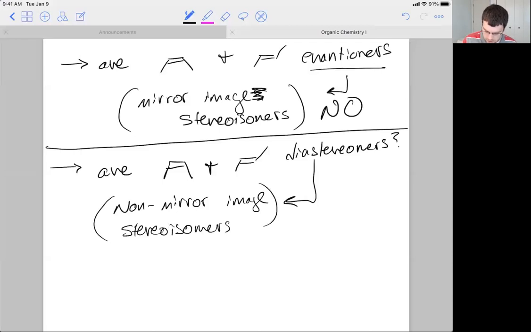So are these two molecules that I've shown above diastereomers? The answer is a resounding yes. They are stereoisomers of each other that are not mirror images, so they're diastereomers of each other.